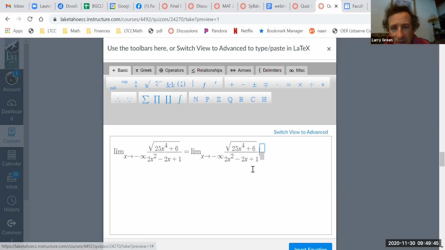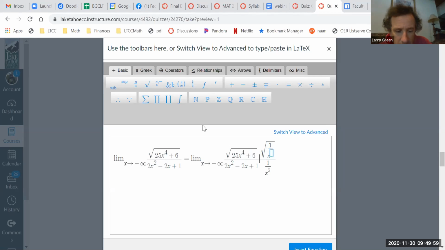So what I'm going to do is in the denominator, I'm going to multiply by 1 over x squared. In the numerator, I'm going to multiply by the square root of 1 over x to the 4th. Any questions so far? And notice I don't need a negative because the numerator is positive, the denominator is positive, so I have multiplied by 1.